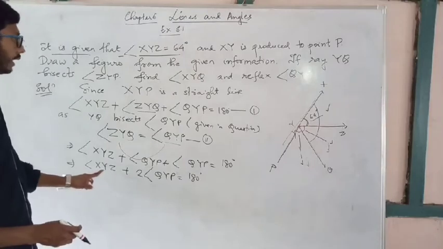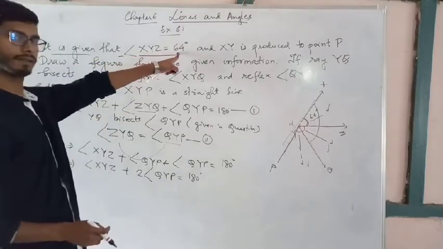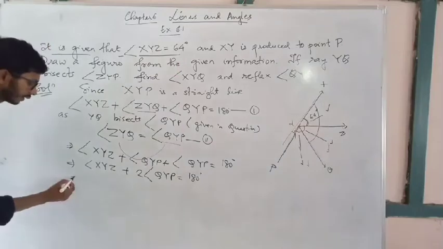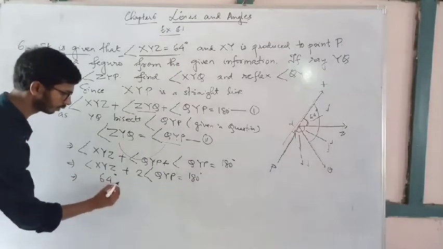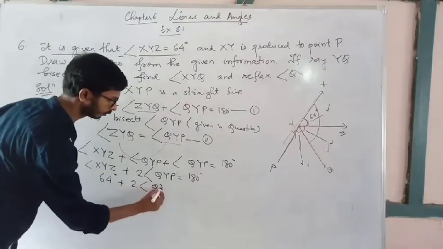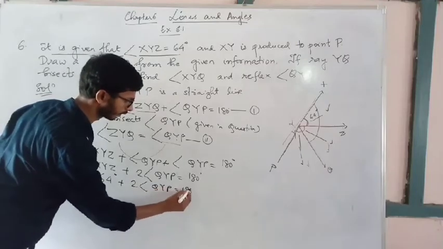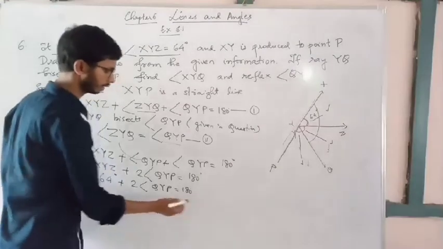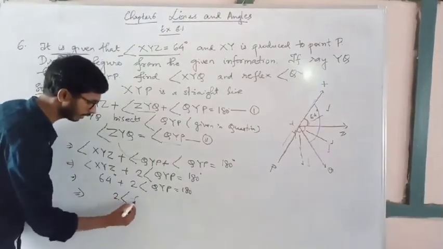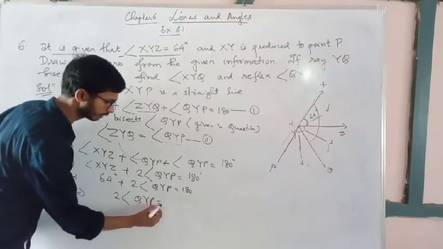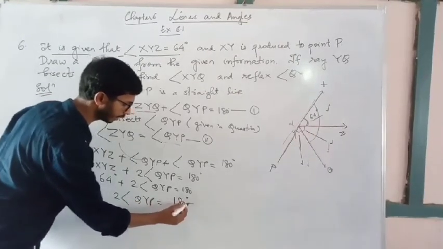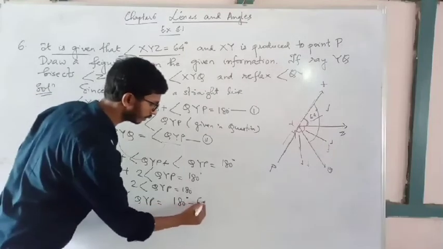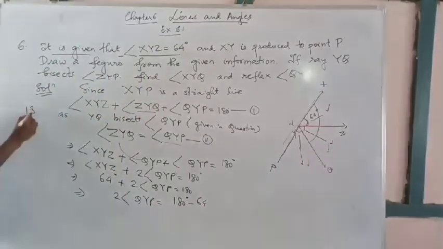Now XYZ, this value is given to us. How much is the value? 64. So we write here 64 plus twice angle QYP. So this 64, if I bring to the right hand side, what will we get? 2 times of angle QYP is 180 degree minus 64. So how much will we get? 180 degree minus 64. 10 minus 4 is 6.